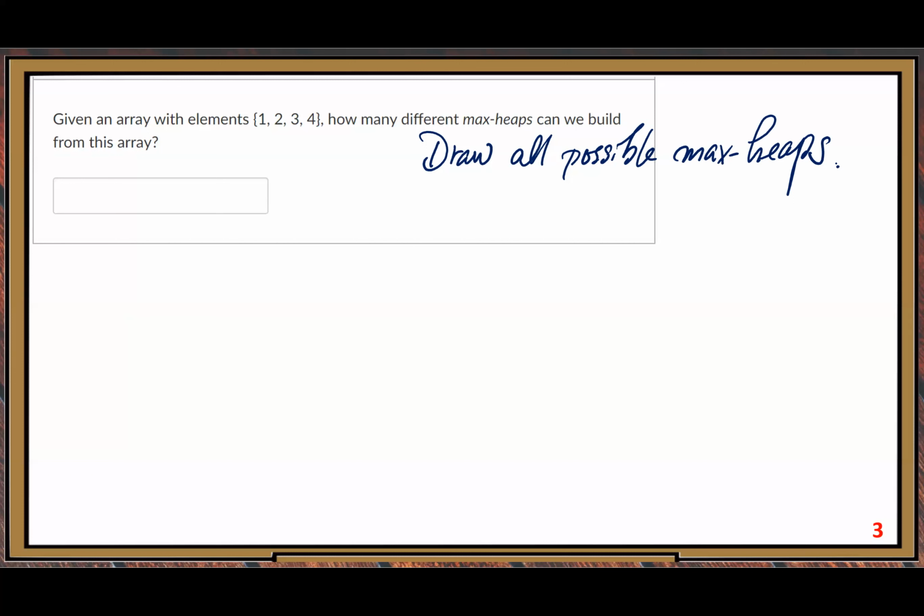The largest value should be at the root. That is the first thing we can determine. Then left subtree, left child, right child. Think about that.